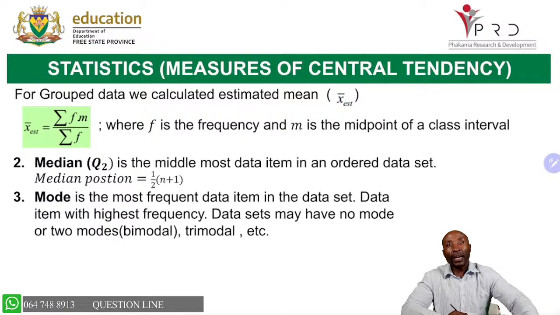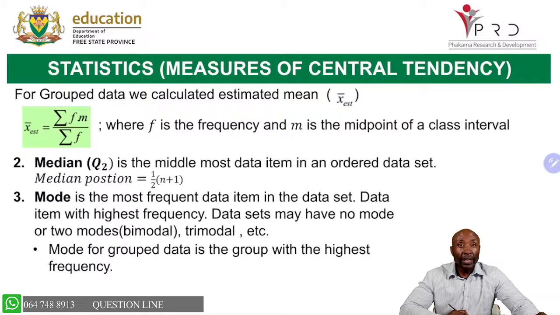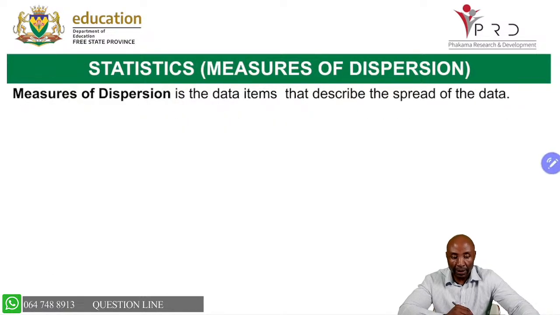In other words, the data item that has the highest frequency or that appears the most. Now, we can have more than one mode. And if there are two modes, we say it's bimodal. If there are three, trimodal, and so on and so on. For grouped data, our mode is the data set, or the group that has the highest frequency.